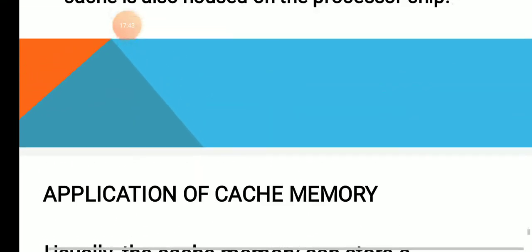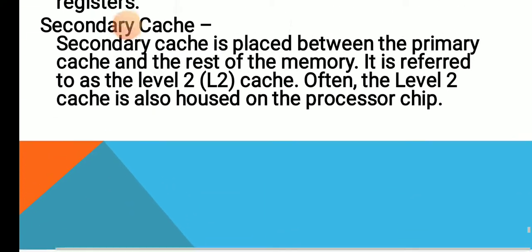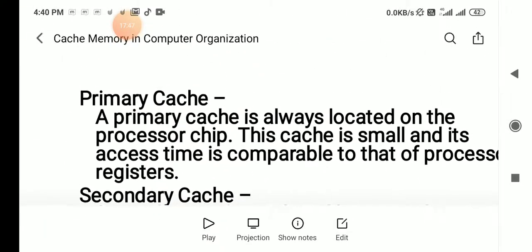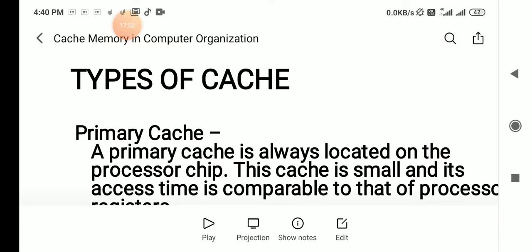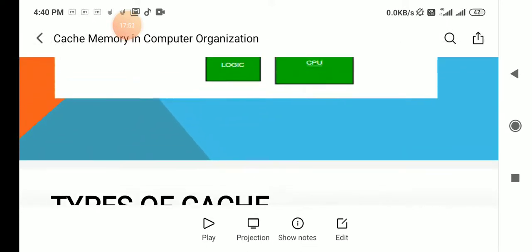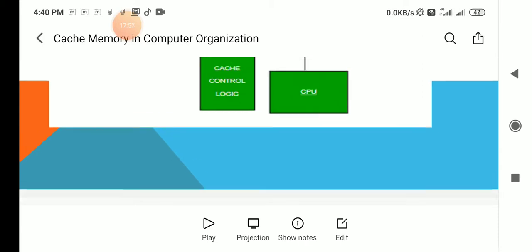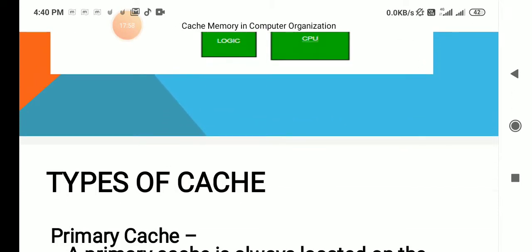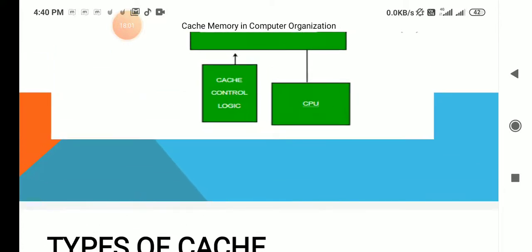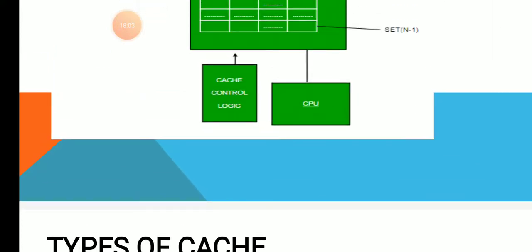After that, what are the levels of the cache memory: level 1, level 2, level 3, level 4. After that, the classification of cache mappings: direct mapping, associative mapping and set associative mapping.